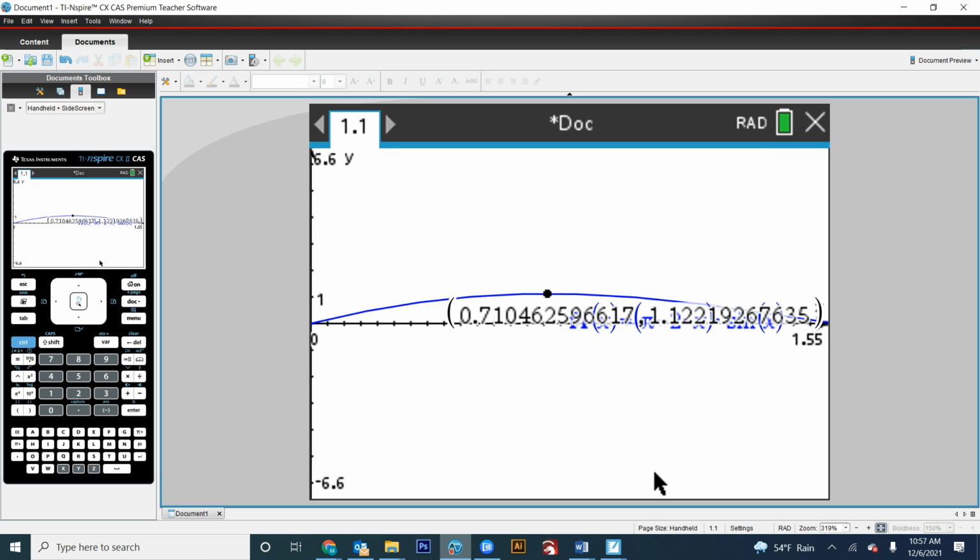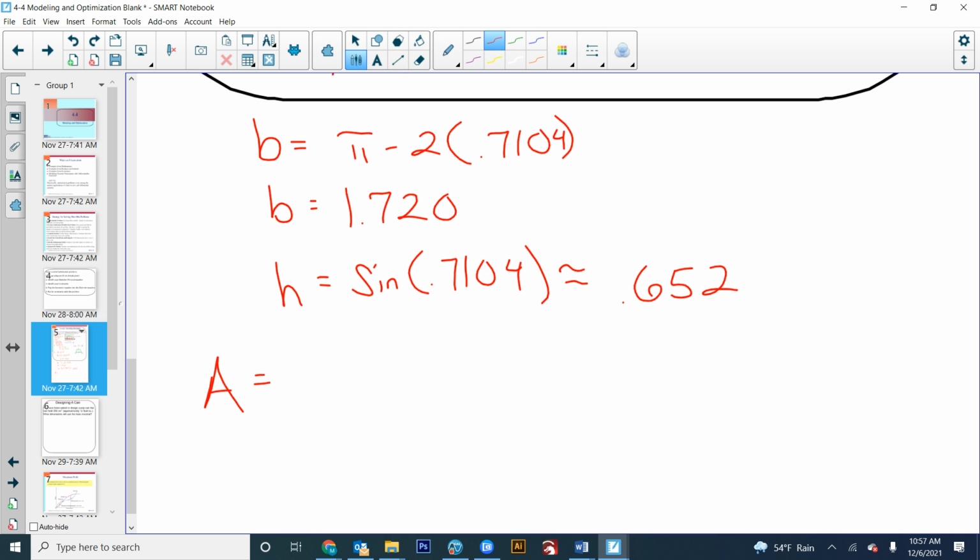The area graph. So isn't that the maximum area? 1.122? 1.122 square units, I don't know, whatever, is the area of that rectangle. Does that make any sense?